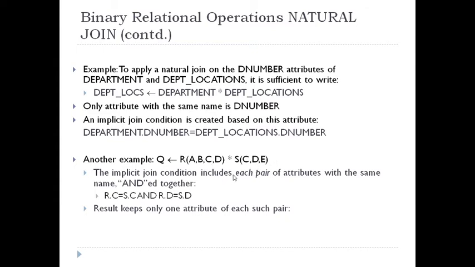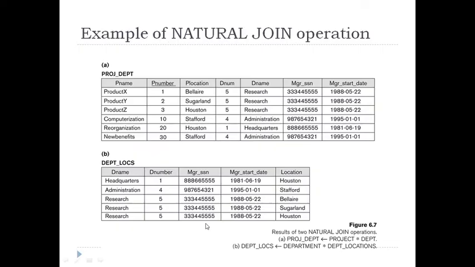But if you apply natural join, then you'll get only 5 columns: A, B, C, D, E. This is one example of natural join. As I said, in department and department locations we have DNUMBER as the common attribute, so only once it will display.